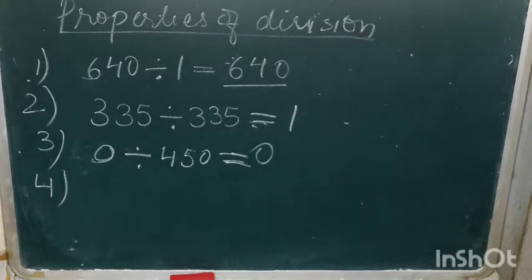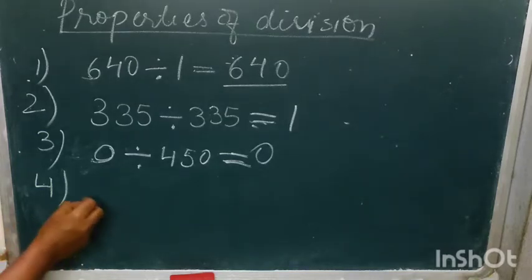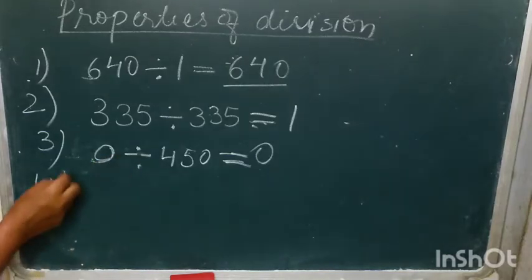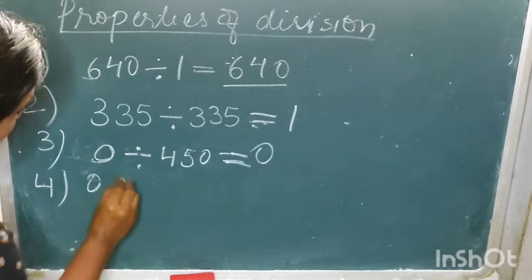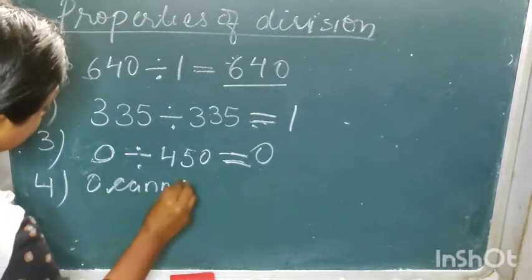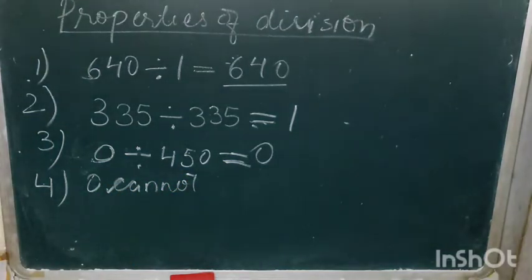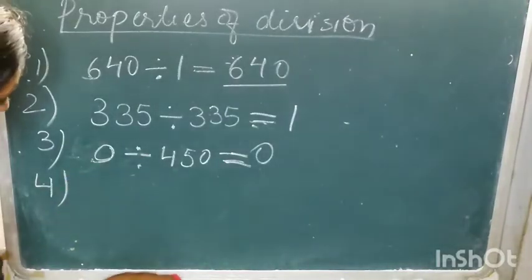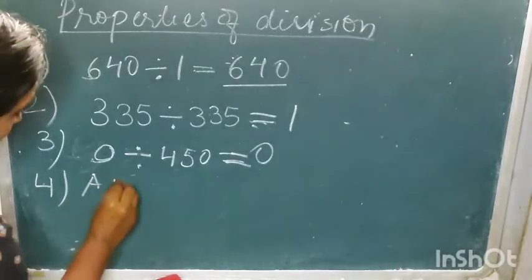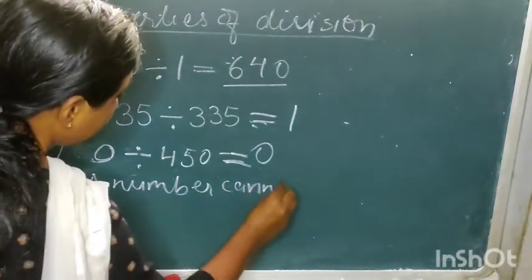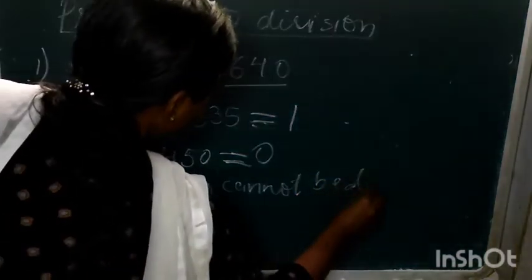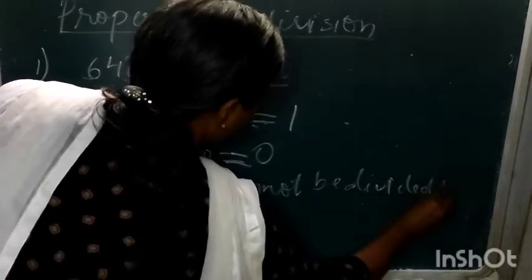Fourth is a number cannot be divided by 0. This is the next property. Here 0 is divided by any number, but the next property is that a number cannot be divided by 0.